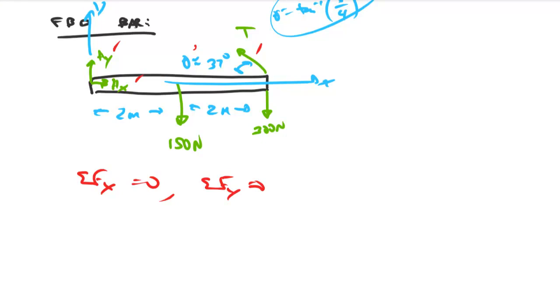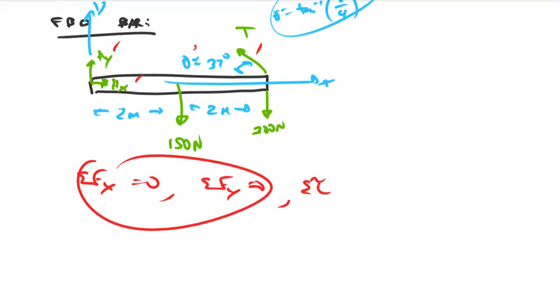But now, since we also have rotational equilibrium, if this bar is completely in equilibrium, both of these are true, as well as the sum of the torques around any point. We get to choose a point. Any point is equal to 0. Okay? So typically I like to start out with the sum of the torques, because the reason for this is that I get to choose any point I want.